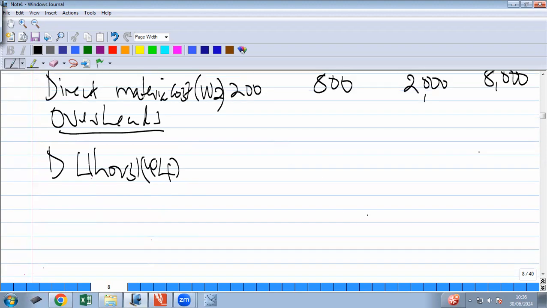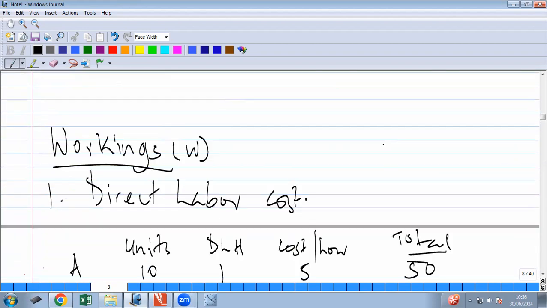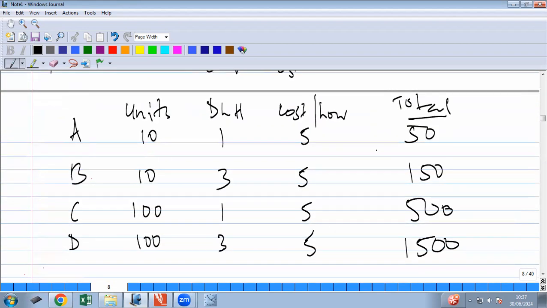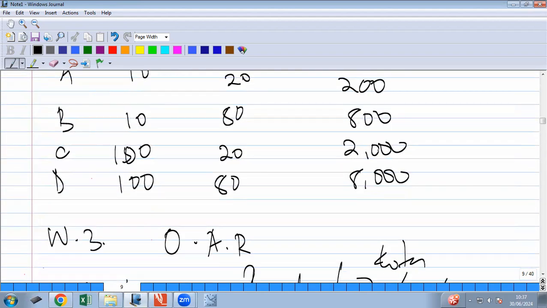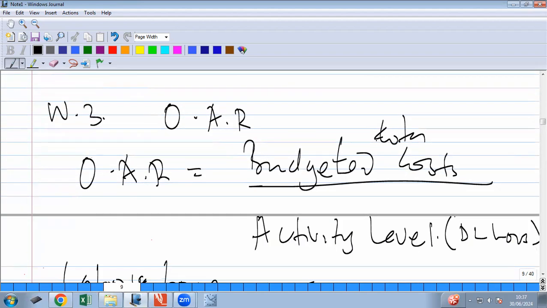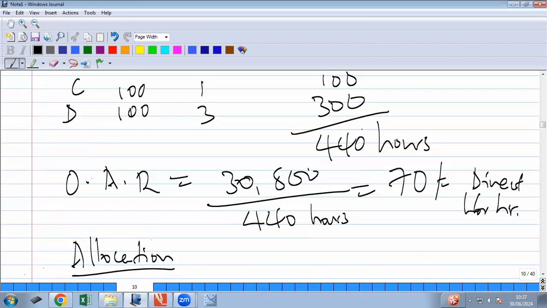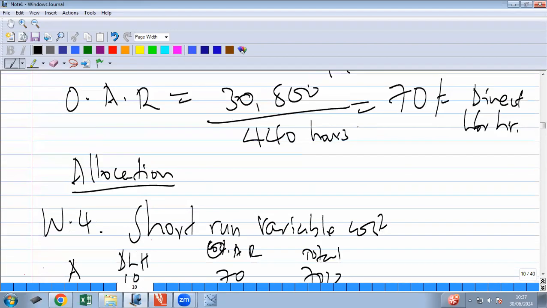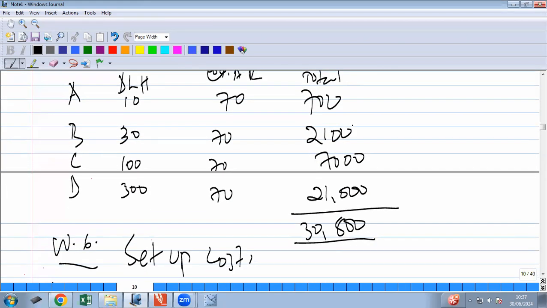So for product A, let's come here to this working. Have you seen this working here? We did the overhead absorption rate, which is this, right? We had the number of labor hours, which is 440, and the overhead absorption rate, which is 70, right? When we allocate on the basis of direct labor hours, we have this cost here.